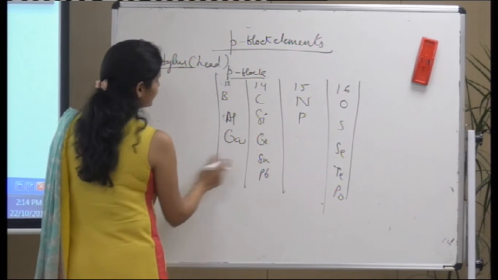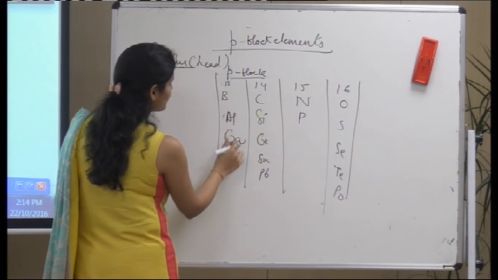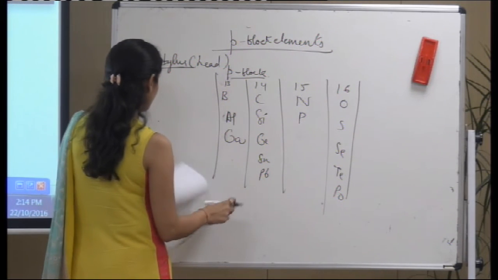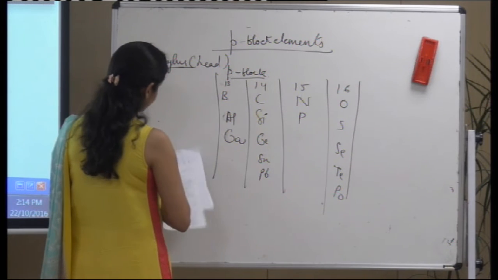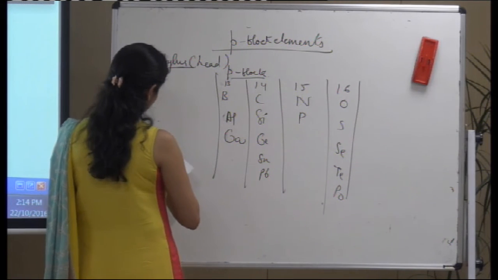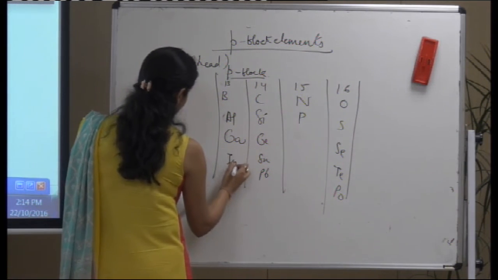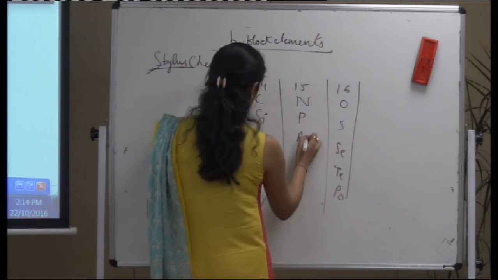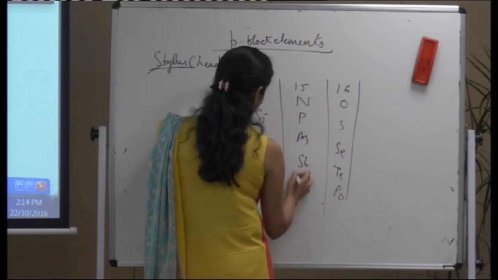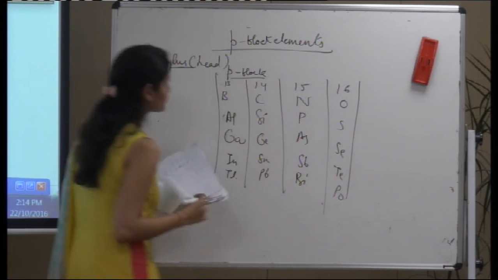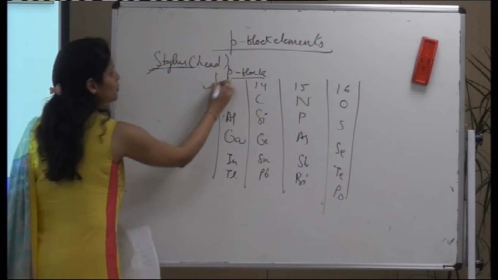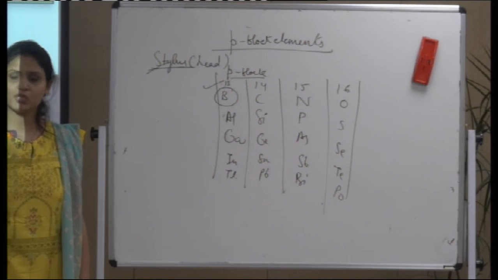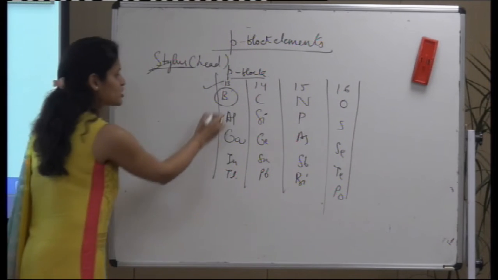Then boron, aluminium, then gallium, indium, thallium, silicon, germanium, tin, lead, arsenic, antimony, bismuth. So if I am talking about the 13th group elements, again the first element of any group would show different properties as compared to the rest of the elements.